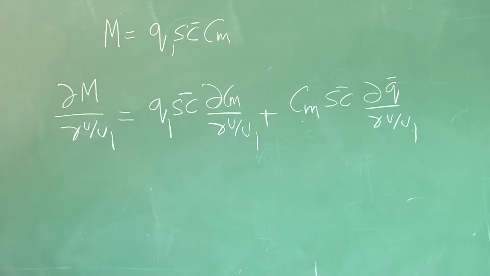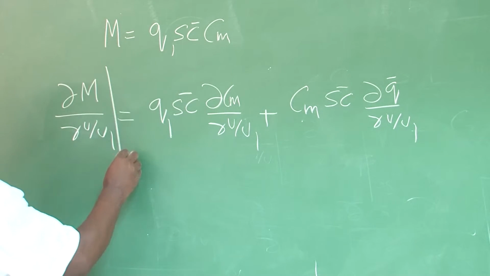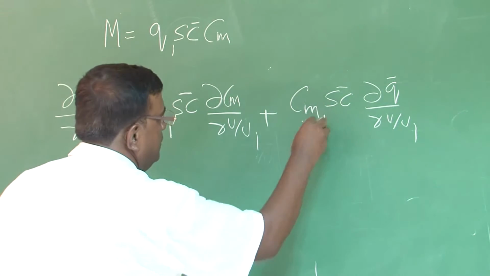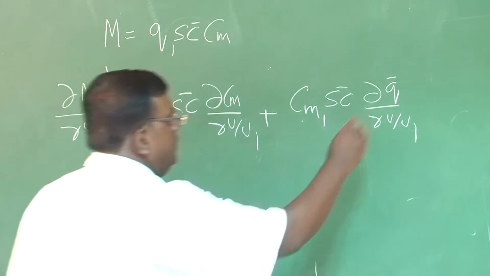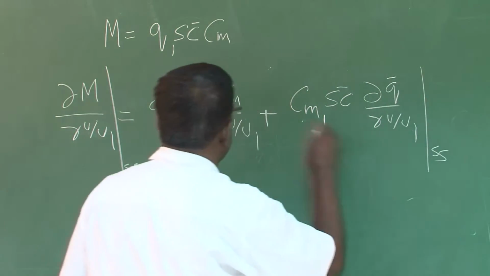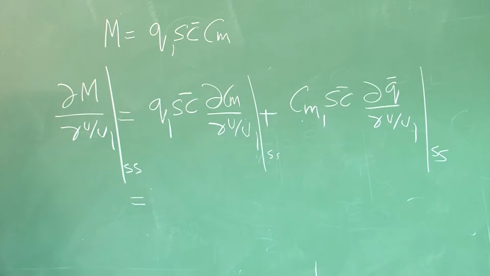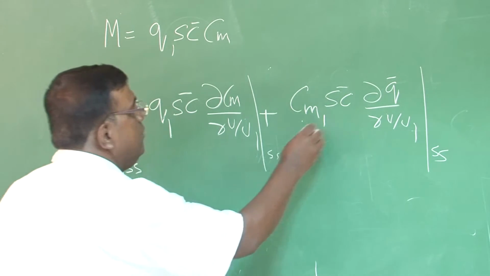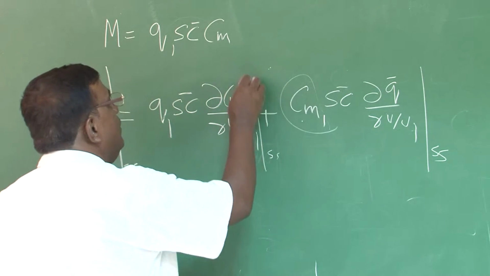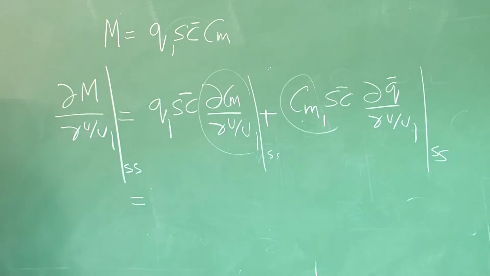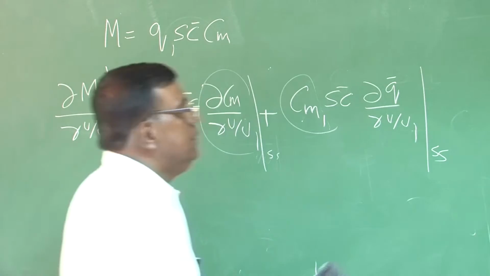You have become experts now. You know that I need to develop this at steady state, so that's why 1 I have put here, and I need to put 1 here as well. And also this is at steady state. As far as dQ bar by d(u/u1) is concerned, we have two things to understand: what is Cm1 and what is dCm by d(u/u1). If we understand that, then our job is done.